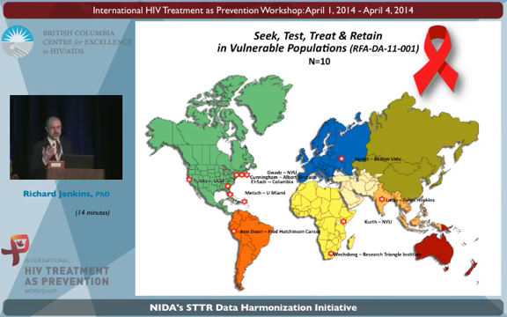The second cohort of studies, which were funded a year later, was seek, test, treat, and retain. So there was more emphasis on retain in this cohort of studies. As you can see, it's a large, more international group of studies with a variety of different populations. For us, vulnerable populations are really the traditional high-risk populations, including high-risk heterosexuals.